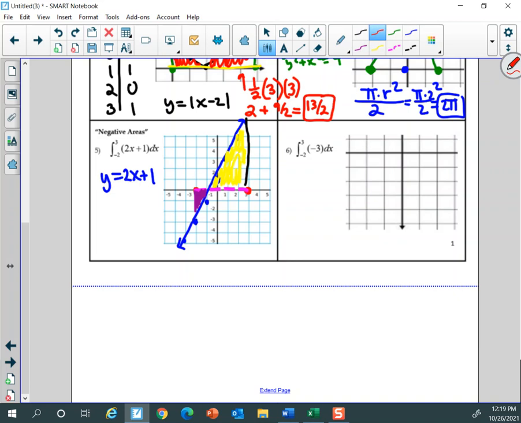For today's lesson, if we think about starting at -2 and ending at 3, that section under the x-axis is going to represent a negative area, where the section above is going to represent a positive area.